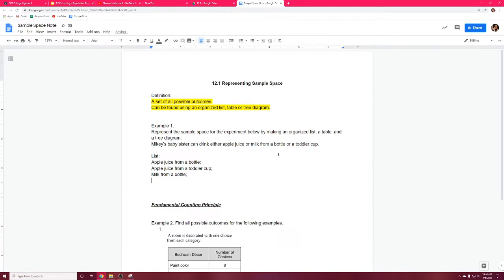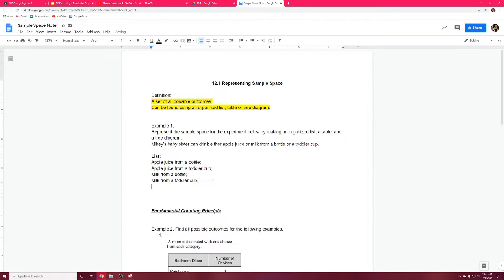And the last option, he can drink milk from a toddler cup. So the baby has 4 options, 4 combinations. Everything I list over here is called our sample space. This is our first method, the list.